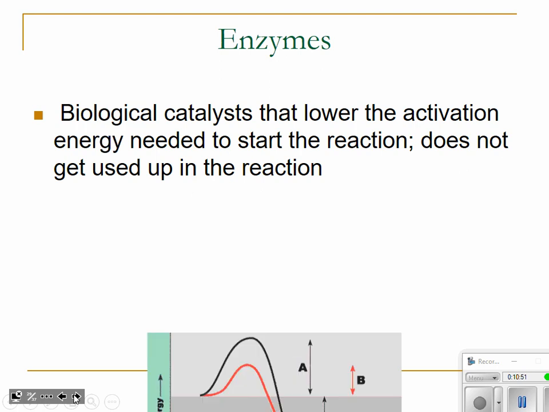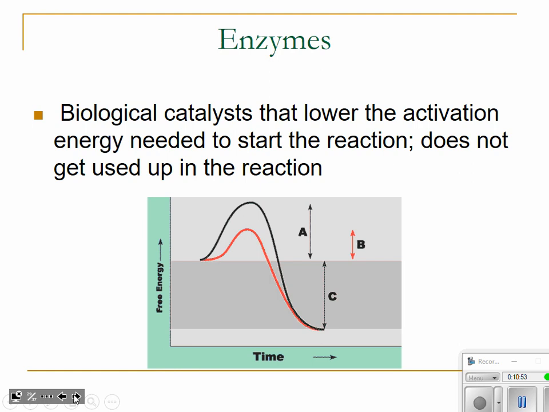Now, here is a diagram. This is the same reaction, but look at the black line compared to the red line. See the hill of the black line. It's a lot higher than the hill of the red line, correct?